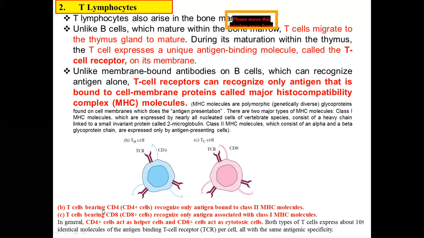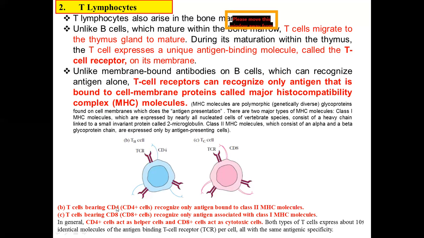So those T cells bearing CD4 recognize only the antigen that is bound with a class 2 MHC molecule. Remember, the T cell bearing the CD4 marker on its surface can recognize the antigen that is loaded along with a class 2 MHC molecule.